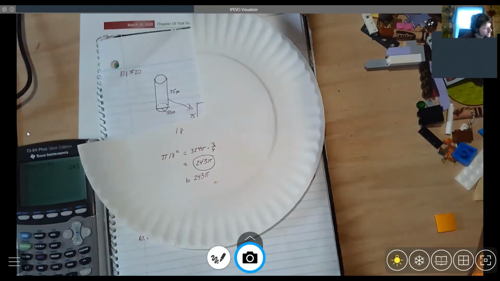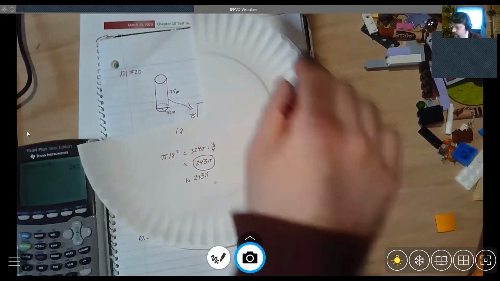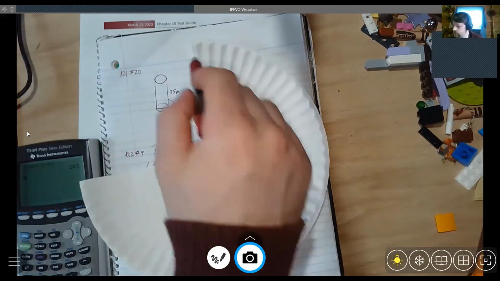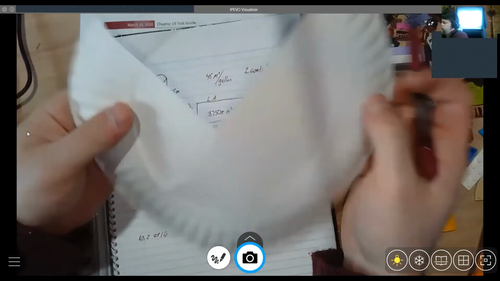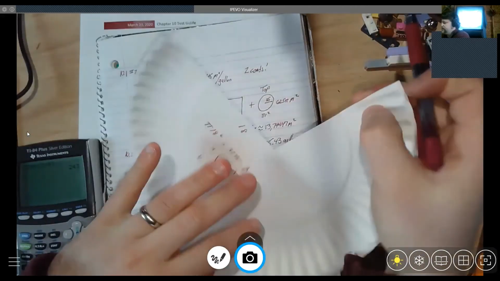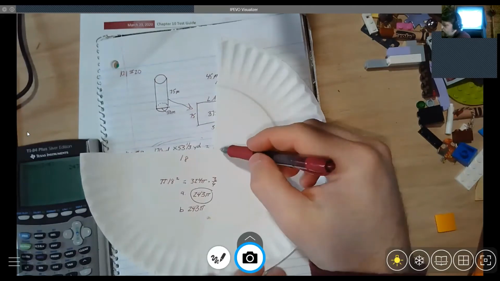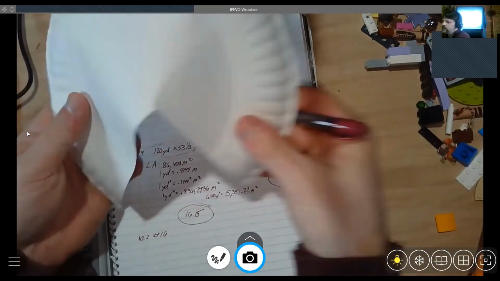And then part C says that from this point all the way to this point, that's a major arc of my circle, forms the perimeter of the base of the cone. What is that length? So here's my cone. Notice that my arc length, going back to my circle, my arc length of 3/4 of my circle is equal to the perimeter of the base of the cone.